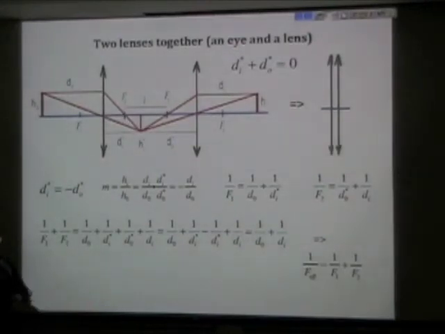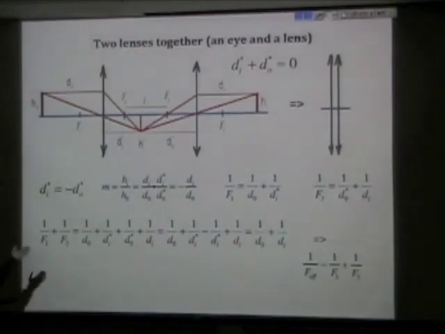If you place them together, that means the image distance of the first lens and the object distance of the second lens together add to 0. There is now no space between the lenses. It looks like that.